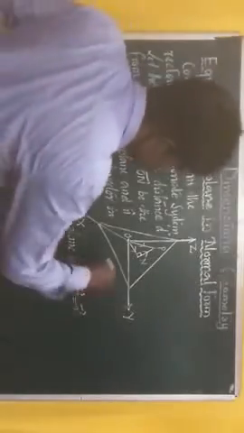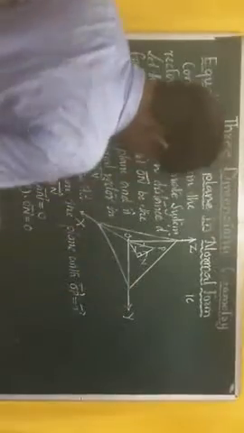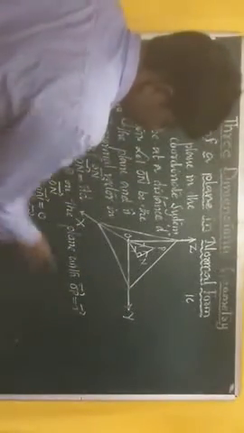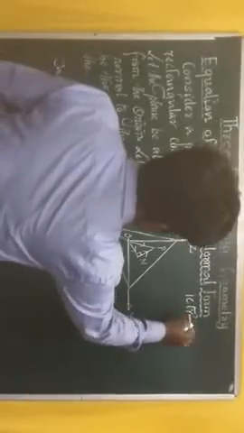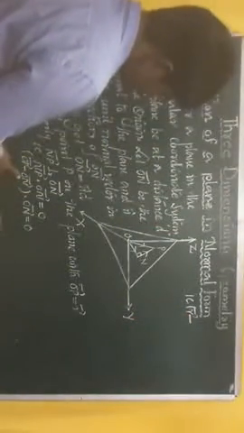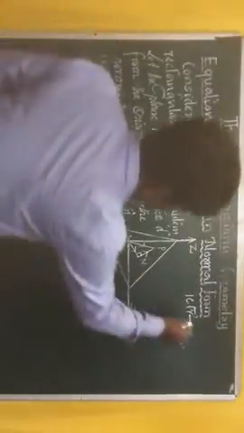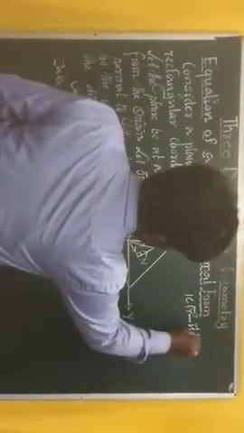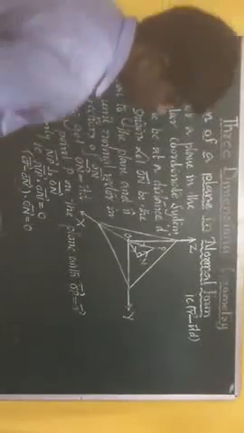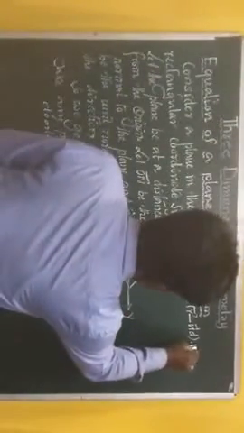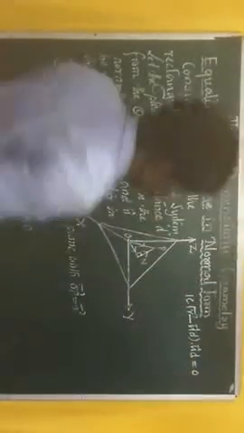That is, OP vector is vector r minus vector ON, which is n cap into d, dot n cap into d, equal to 0.